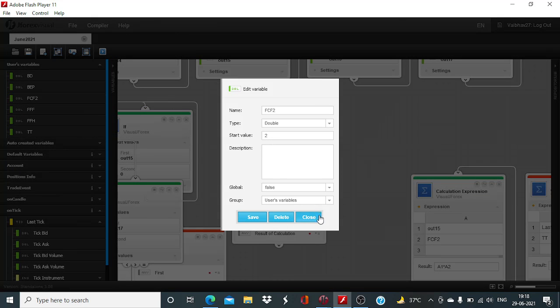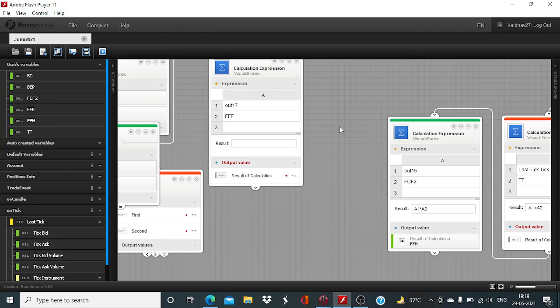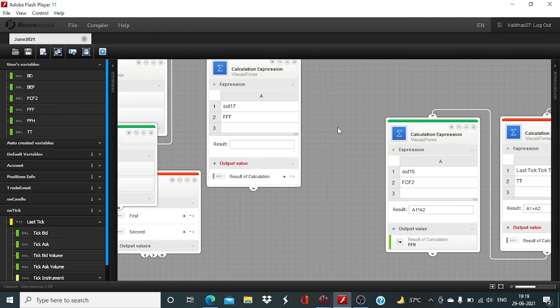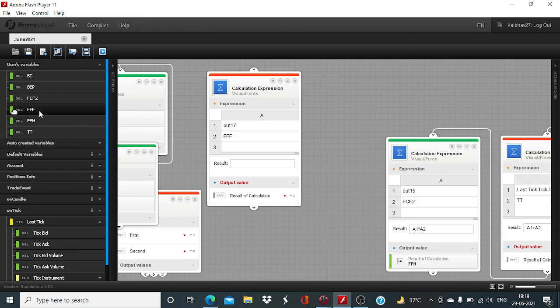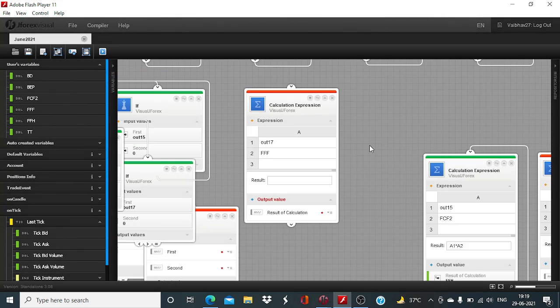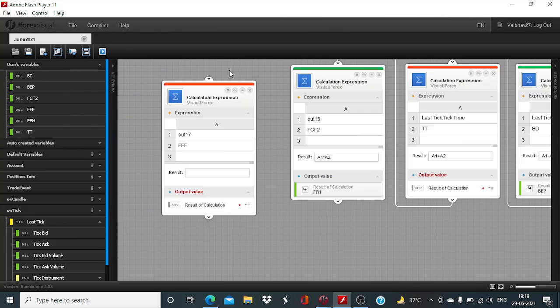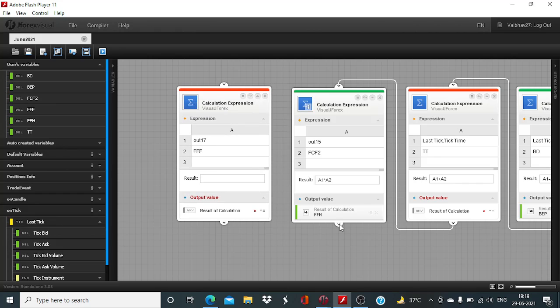Now this has value of 2, and I think no, it's all right. I got a bit confused. Okay, sorry for that. Again, there is going to be A1 into A2.